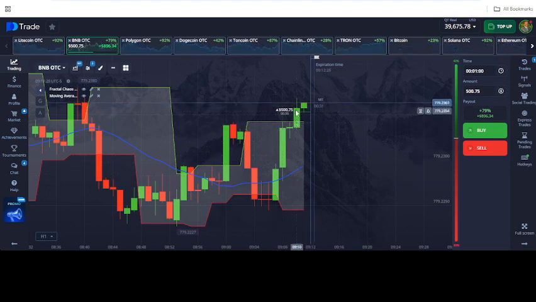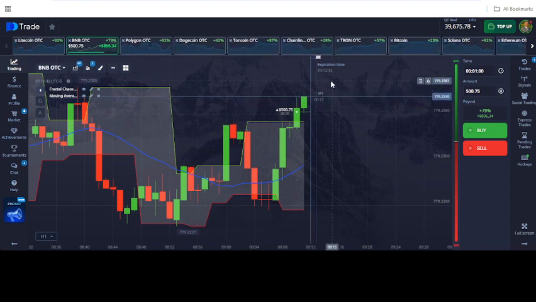And secondly, this candle here broke and closed above the upper boundary of the fractal chaos band line, which suggests a bullish momentum to the upside here in BNB. So let's monitor this trade and wait for the expiration.